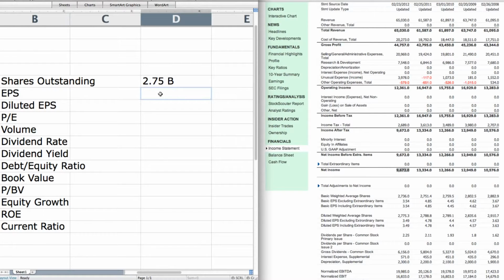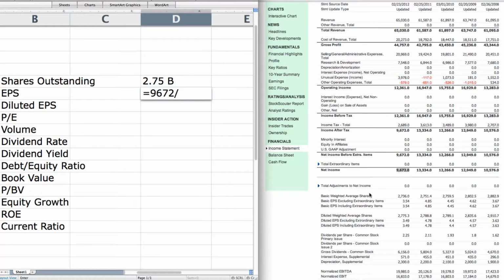Okay, so I'm going to take that number. In Excel, in order to do calculations in a cell, you just type an equal sign. Now it knows that you're going to be doing a math problem. We're going to take that 9.6 billion and type it in as 9672. I'm just typing it in as that number because I'm chopping all the zeros off the end, and when I divide it by the number of shares outstanding, I'm also going to drop the zeros off the end of that.